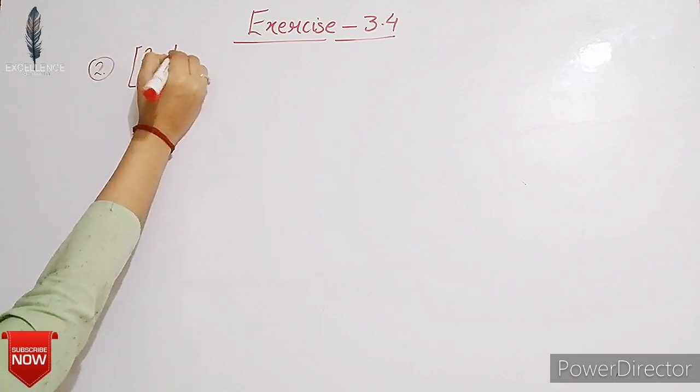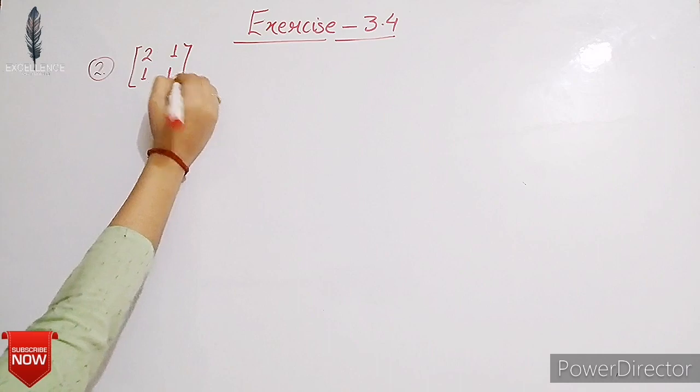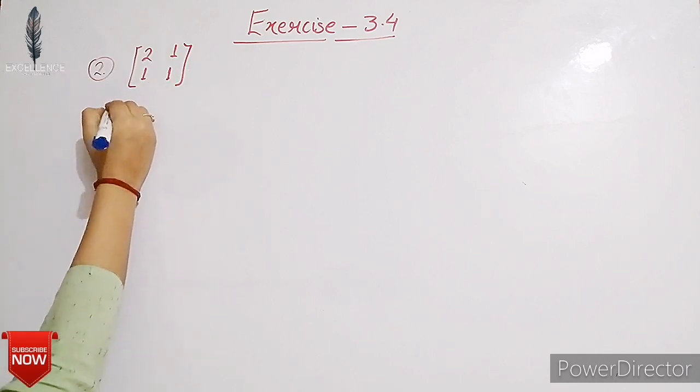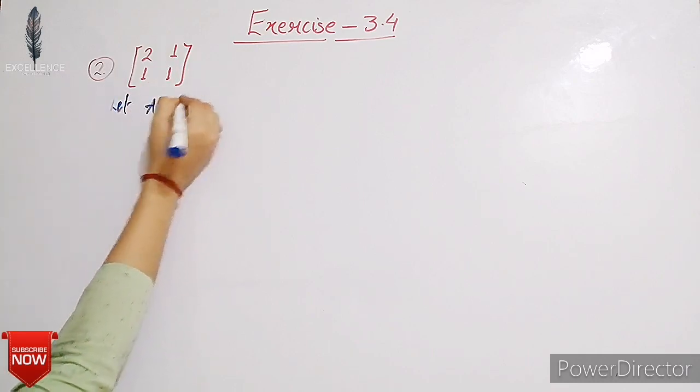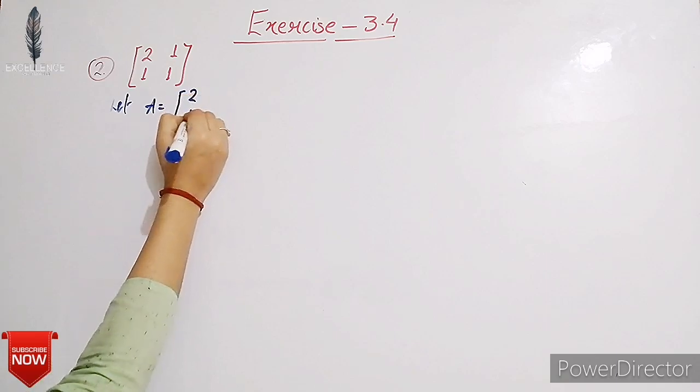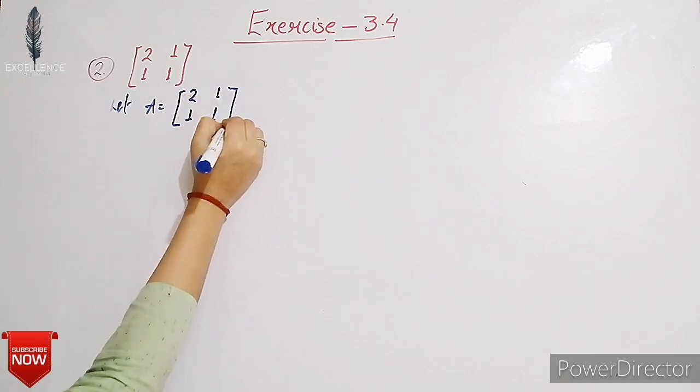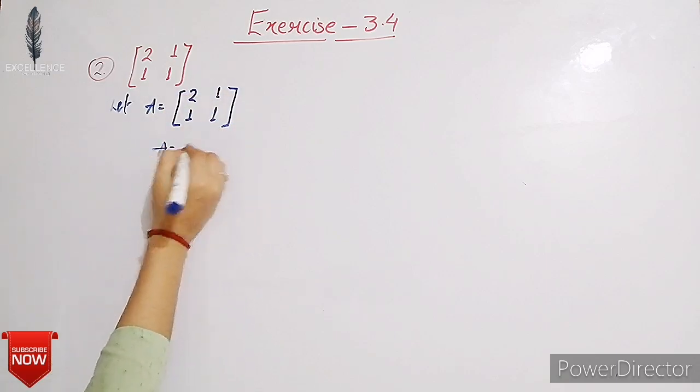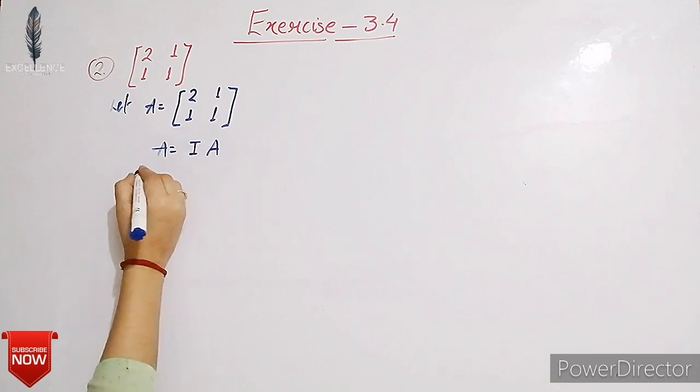हियर द गिवन मैट्रिक्स इज 2 1 1 1. इट इज ऑल्सो 2 into 2 ऑर्डर. नाउ लेट A equals 2 1 1 1. Now, the characteristic equation for elementary row operation is A equals IA.